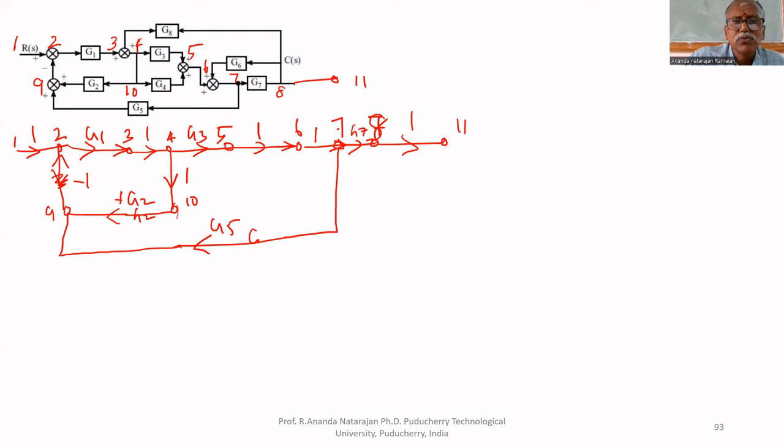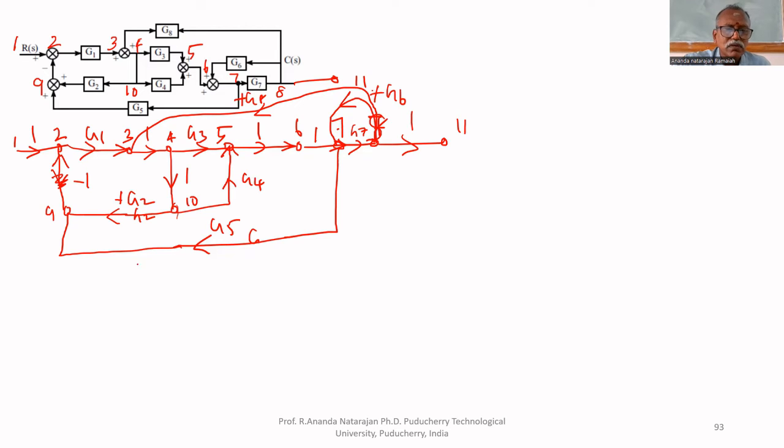Then 8 to 3 is G8. That's all, finished. 10 to 5 is there, that is G4. That's all.